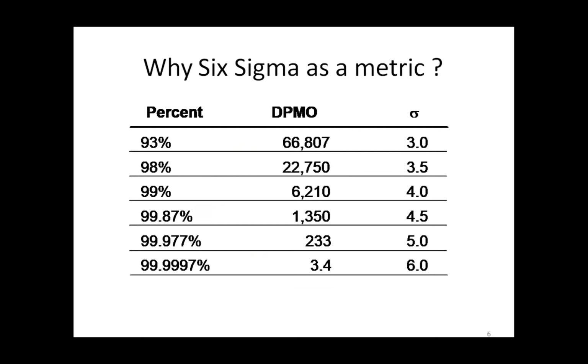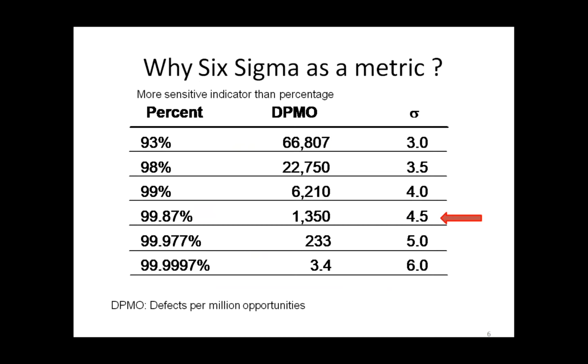as you see here, the first column that you see is the percentage accuracy, and the DPMO stands for defects per million opportunities. Defects per million opportunities, which means a million times that an error can happen, how many times did it actually happen?